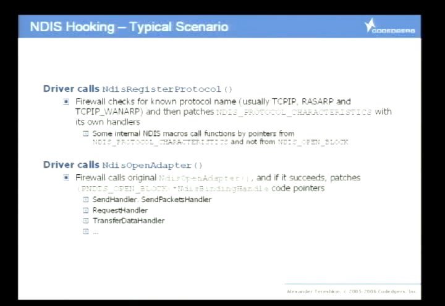In this structure, it will patch the send handler, the send packets handler, and a few other fields with its own handlers. In these handlers, the firewall should check the incoming and outgoing packets and deny them, using some rules for the packet checking.